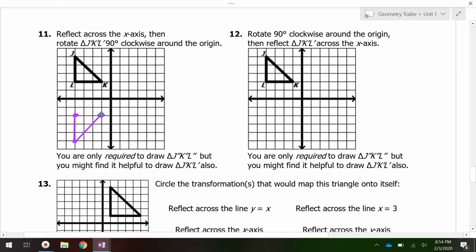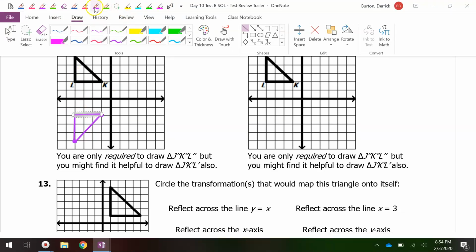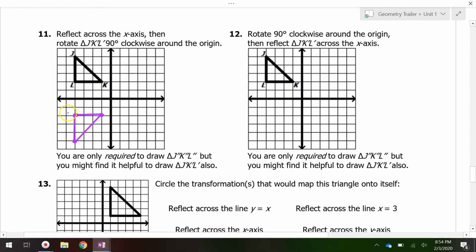All right, so this is what it looks like after the first transformation, after the reflection over the x-axis. Let me just record those labels. So this is L prime, and this is K prime, and this is J prime. So I've done the reflection.